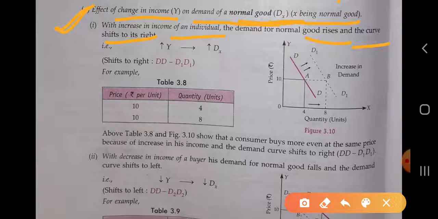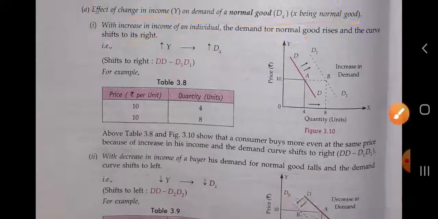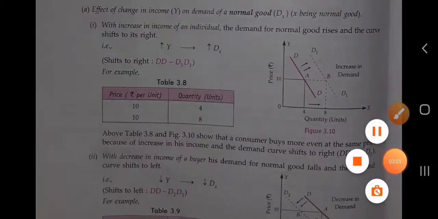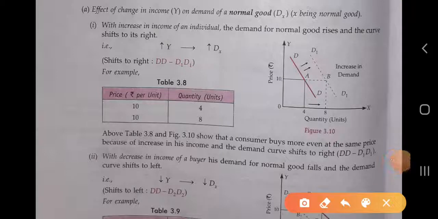So whenever the income of the consumer increases, the demand for the normal good rises. Whenever anything causes a rise in the quantity demanded, obviously the curve will shift rightward. So when the income increases, the demand for the X commodity, here a normal good, also increases.